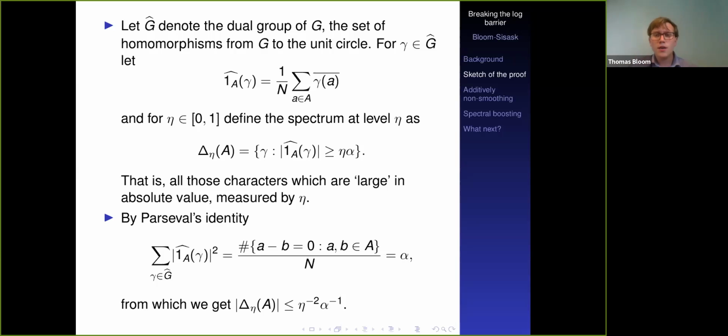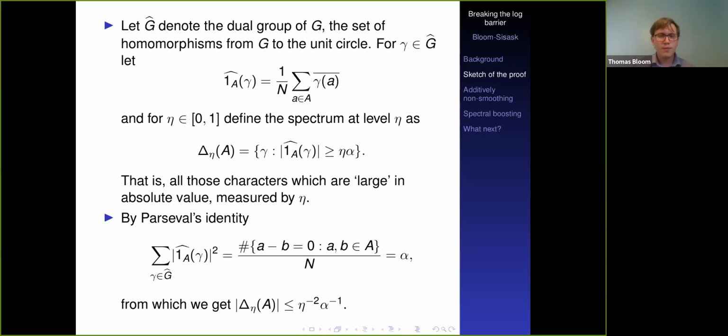The eta-large spectrum of A, which we denote delta sub eta of A, is the set of all those characters gamma where the absolute value of the Fourier transform is at least eta times alpha. You should just think of alpha as the normalizing parameter. So eta ranges naturally between 0 and 1. It's capturing all those characters which are, in terms of absolute value, at least eta percent as large as they could be.